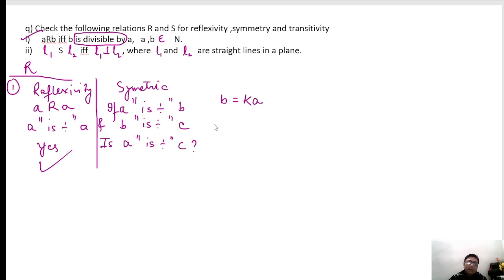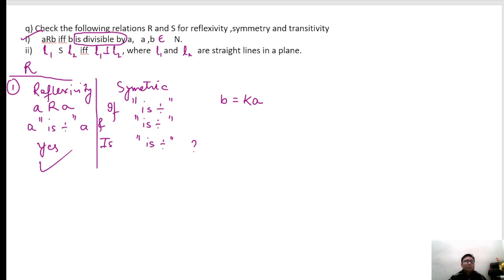Okay, they are telling C is divisible by B. Let me write this a little differently, because the language is like this. Please, one minute.